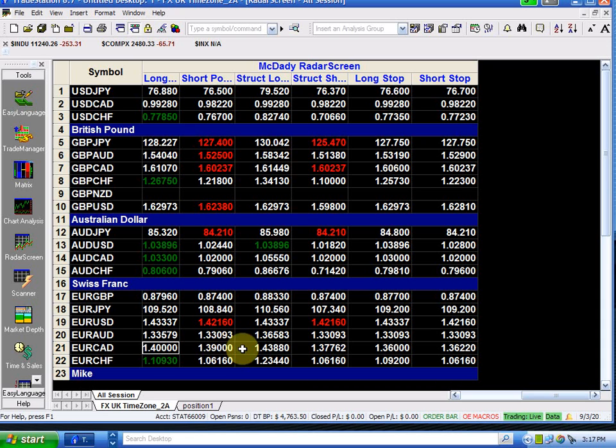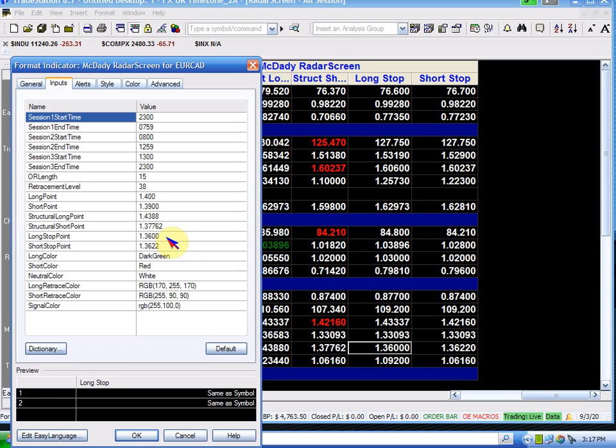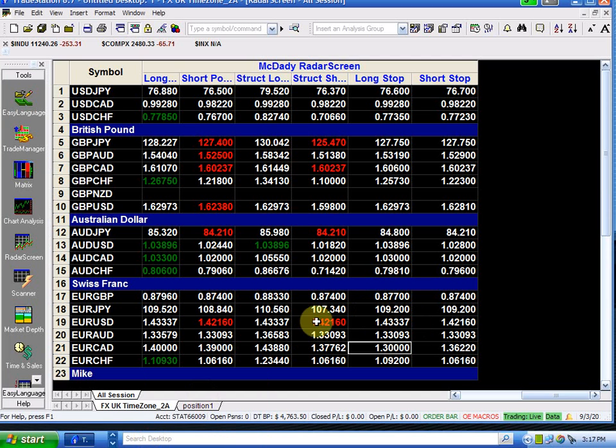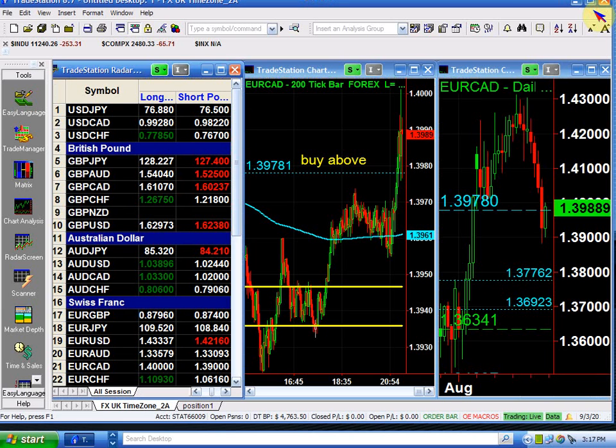Our structure long is the 143.88. My structure short is the 137.76.